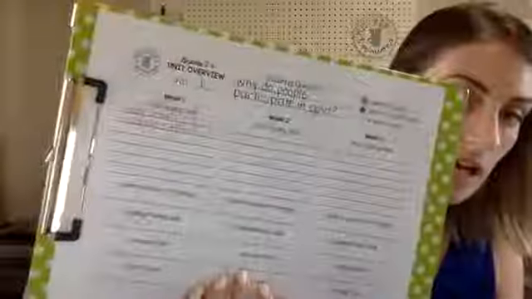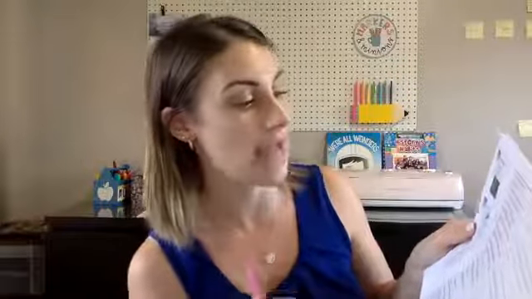Okay, now the second skill I'm going to pull out is analyze cause and effect. So I'm going to write cause and effect. And I just write it, you know, shorthand, just for myself so I know what the skill is. Then I see analyze graphic features, maps, photos, and captions.